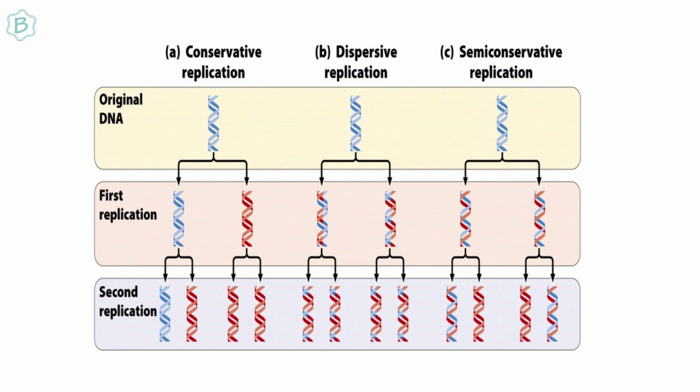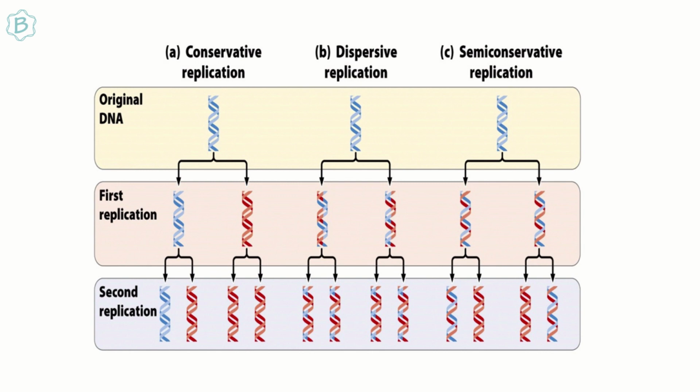The last one is semi-conservative replication. Again, this is the parental strand, and after the replication we can see the two daughter strands. In this case also the parental strand acts as a template, but here each parental strand is transferred to an individual daughter strand.